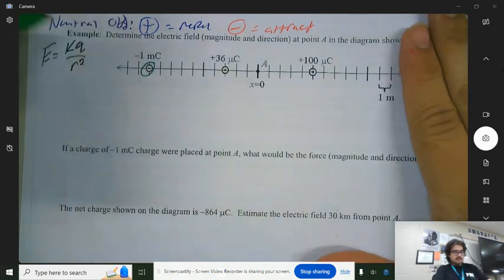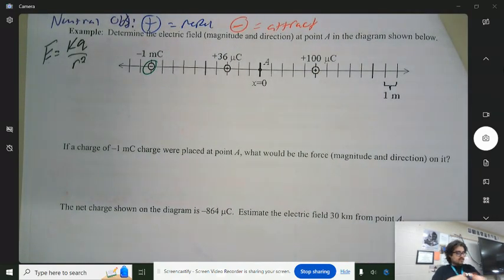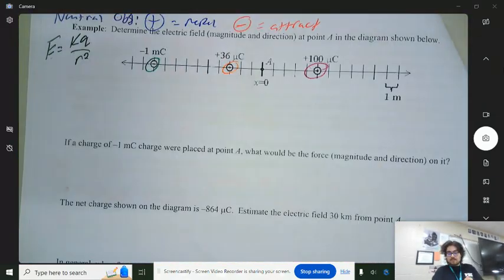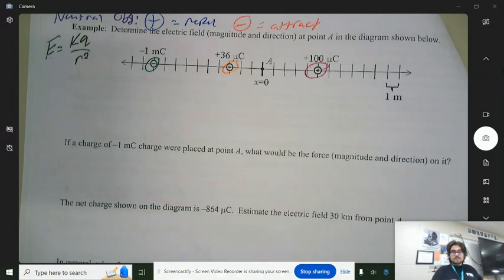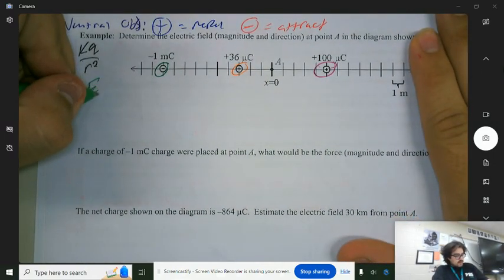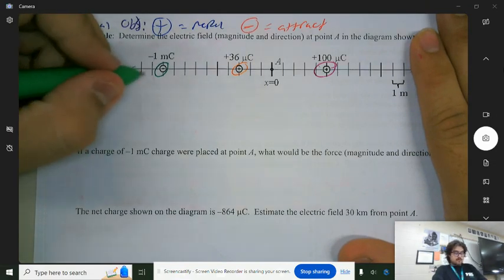So let's take a look at each of these little charges here. I'm going to circle them in the colors that I'm going to use to represent them because I'm colorful and fun like that. Let's take a look at charge number 1. What's the E field created by charge number 1, the one in green?